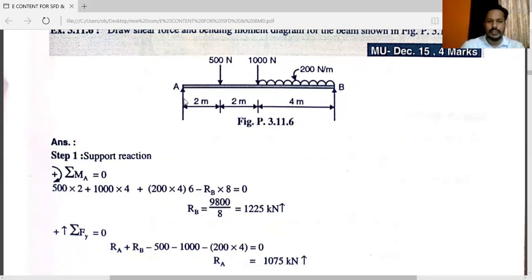Here you can see this reaction RA is passing through the point A. So there is no perpendicular distance. So the moment will be 0 for this RA force. Now this 500 Newton about point A, this 500 Newton is acting vertically downward.